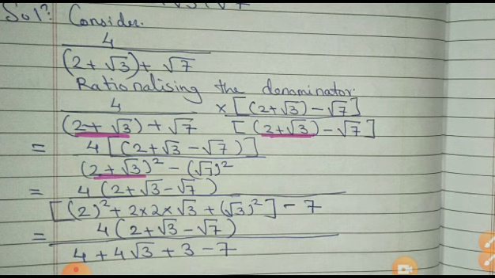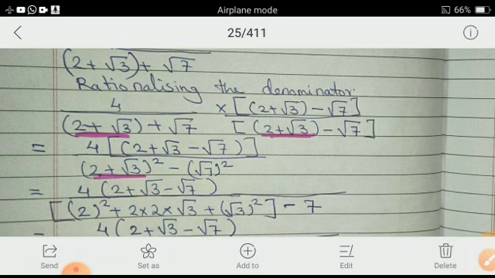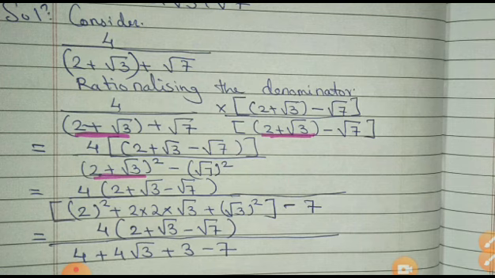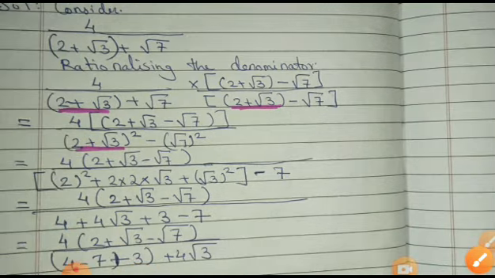Now after this, again take your like terms together. So which are the like terms? Your constant terms. Constant terms are nothing but 4 plus 3 and minus 7, those terms together, plus 4 root 3. No other term for 4 root 3.